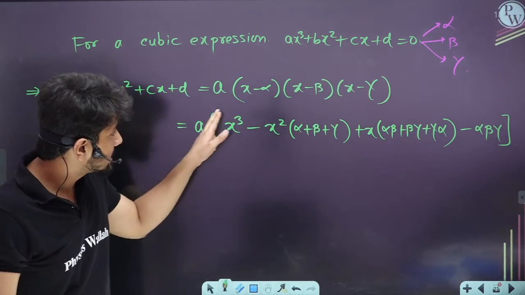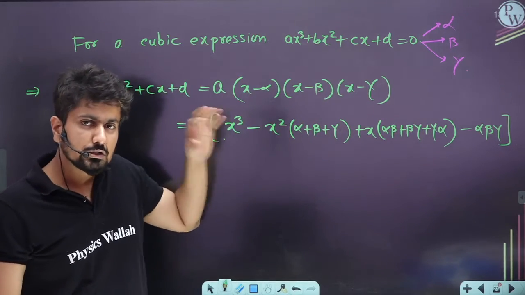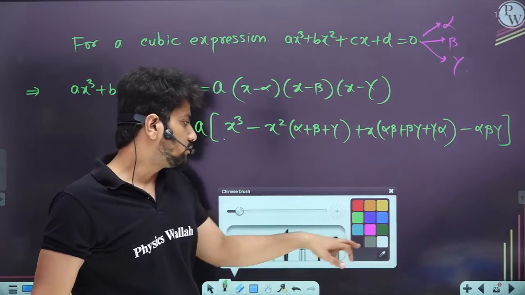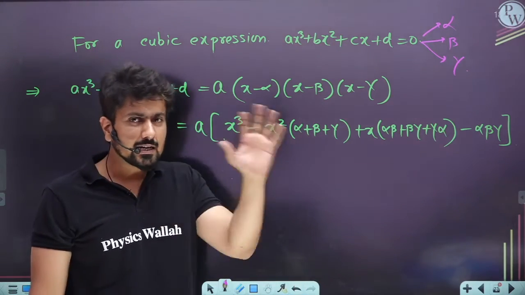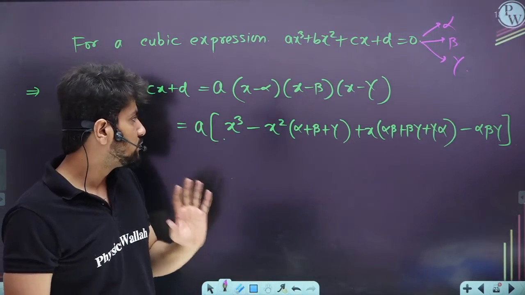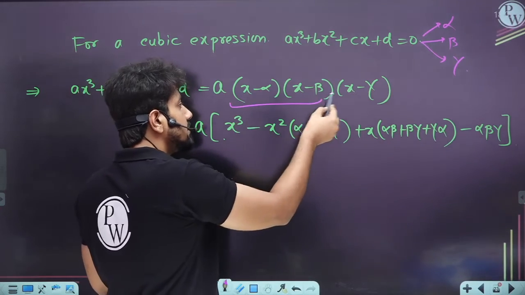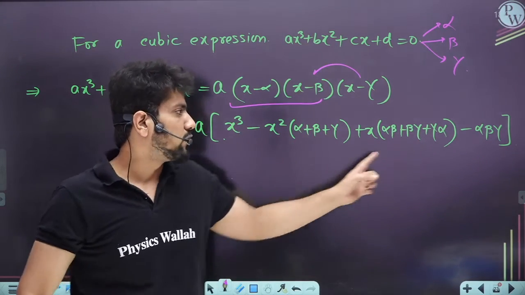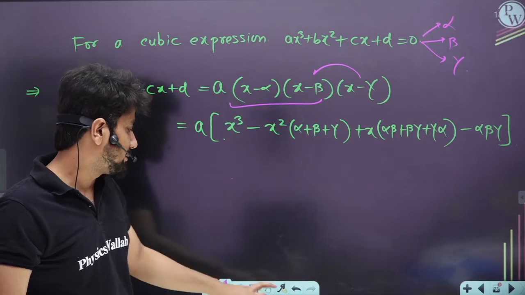So I have skipped a few steps. What you can try, if you want to, or you just understand the crux of it. But if you want to, you can multiply these two, then multiply this by this, and then you will observe that you will be getting this same expression.